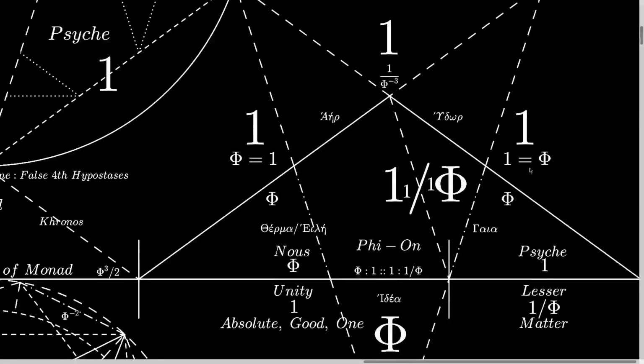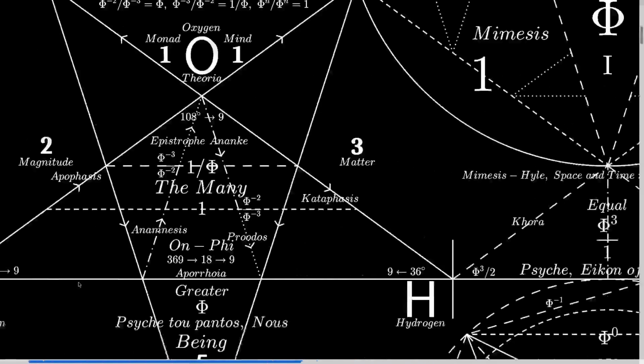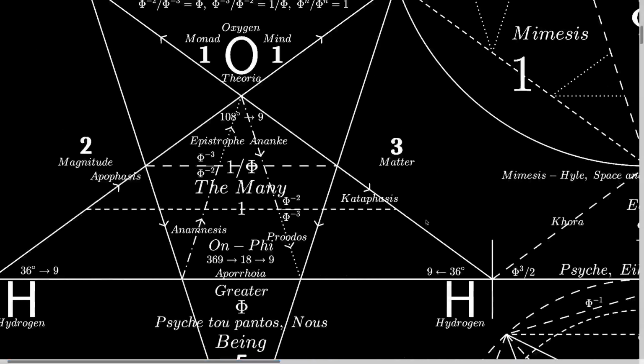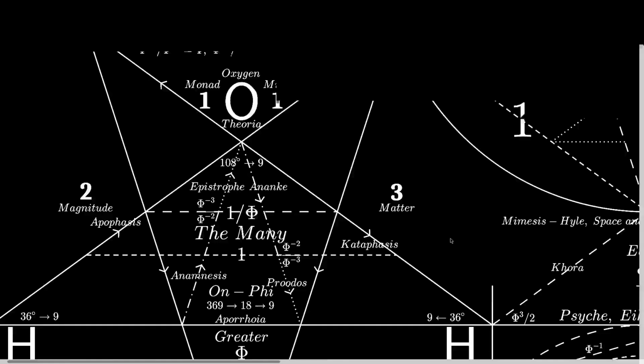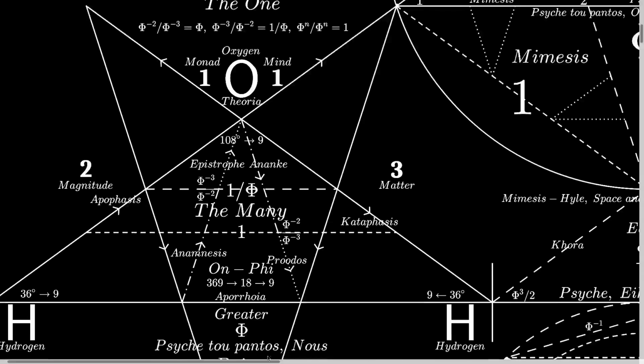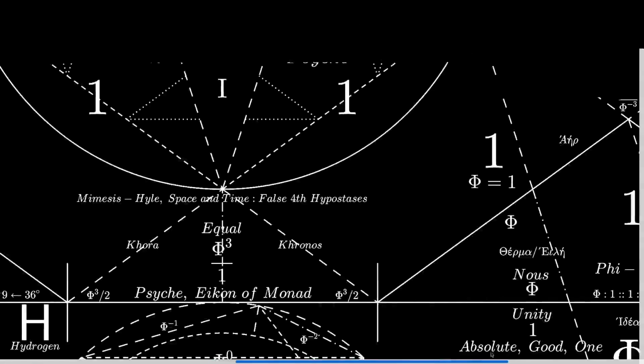I try to copy or represent what Ken Wilder has done in his Aurea Sapientia graphic, which I didn't admit to not doing.